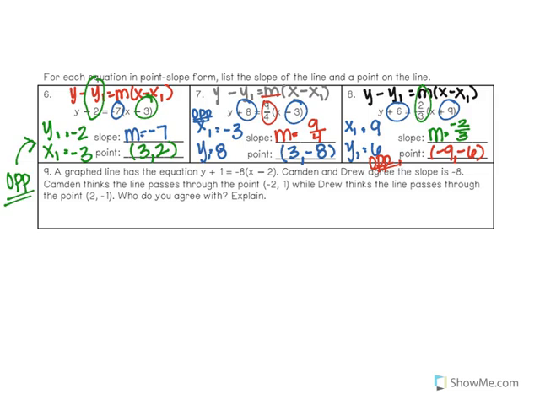So a graph line has the equation y plus 1 is equal to -8, parentheses x minus 2. Camden and Drew agree that the slope is -8. So if I write y minus y1 is equal to m, parentheses x minus x1, then I do agree that the slope is -8, and both Drew and Camden agree with that.